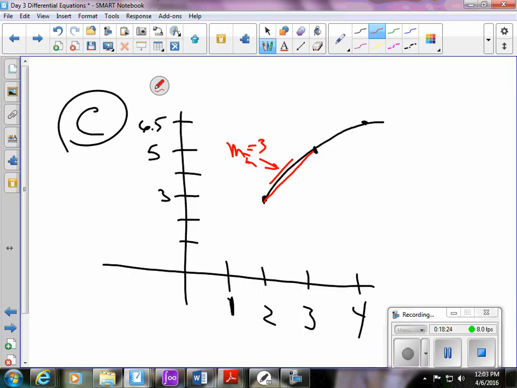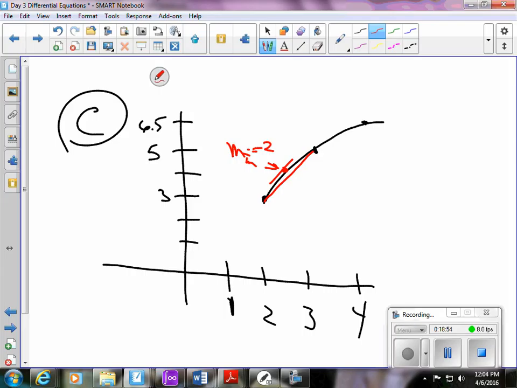Now think about it. These slopes are decreasing. So if the slope is already 3 at, is it 2 or 3? I'm sorry. I think I meant to say 2. Okay. The slope between these 2 points is 2. If the slope is already 2 at some point between 2 and 3, and it's constantly decreasing, there's no way it can be 2 by the time it gets to 3.